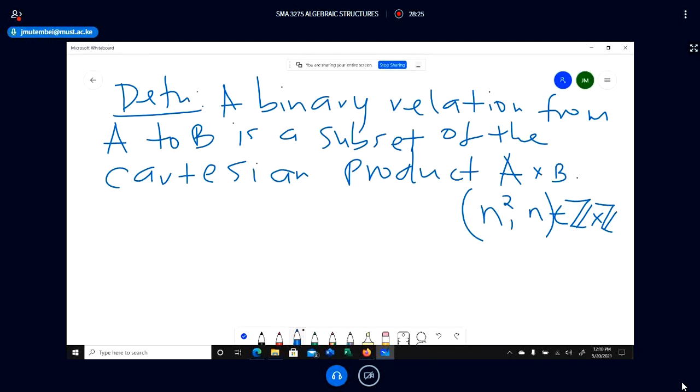Then now, some other terminology I want us to define in connection to relations. We can define now the domain and the range. This is where we are obtaining the set on which the relation is applied, the set where the relation is applied. I want us to define some terminology there.